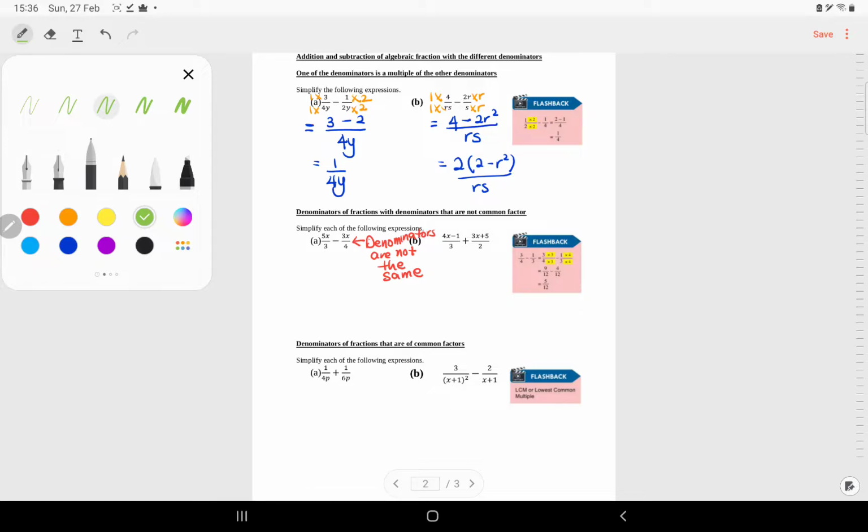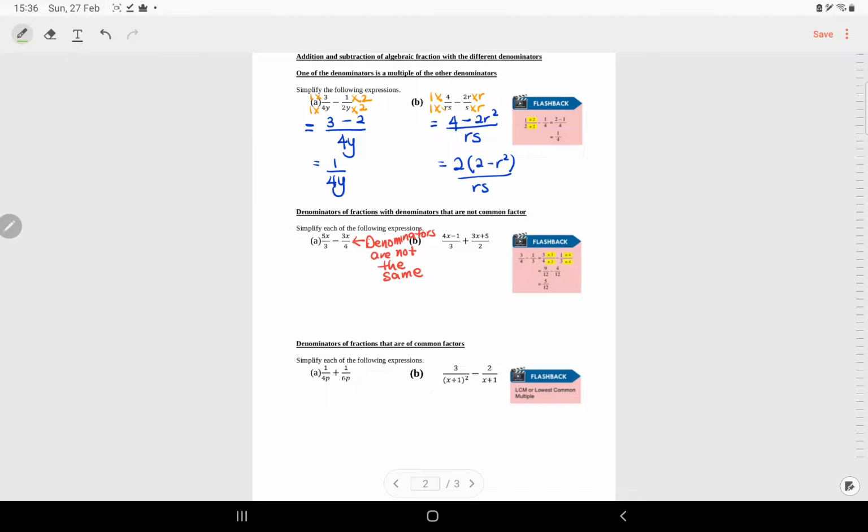First let's list out the multiples of 3. So we have 3, 6, 9, 12, 15 and so on. What are the multiples of 4? 4, 8, 12.